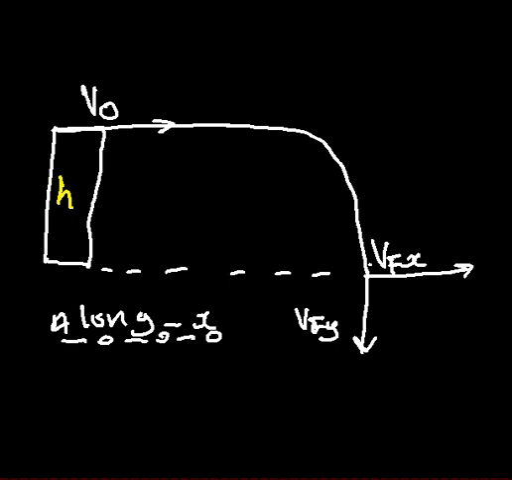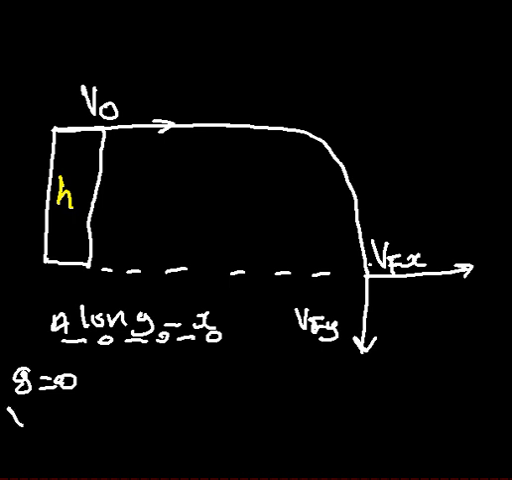The first thing you have to understand is that there is no acceleration due to gravity along the x-axis, because the gravitational force is not felt along the x-axis. Therefore, the acceleration is zero. And because the acceleration is zero, the object along the x-axis is moving at a constant speed.